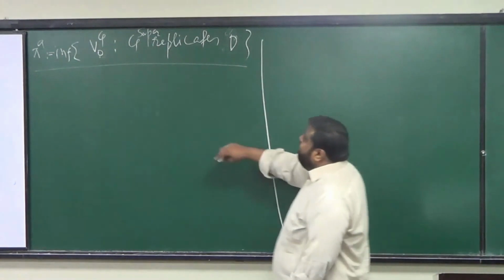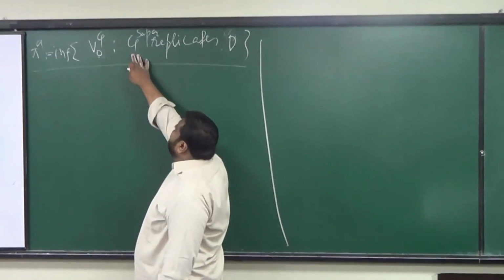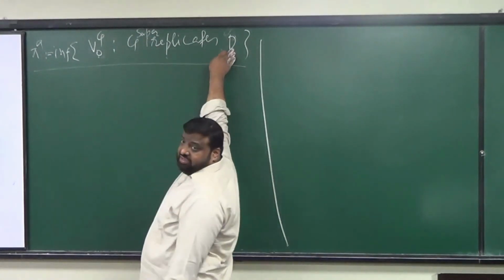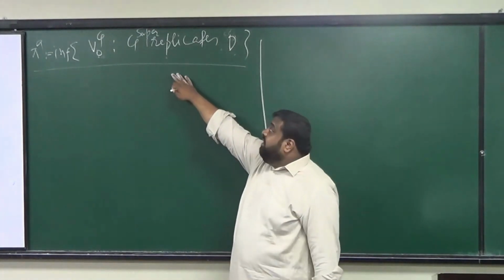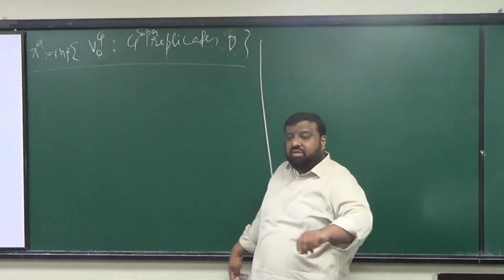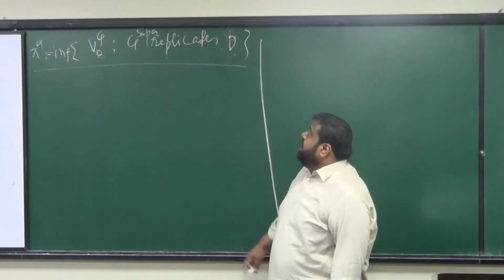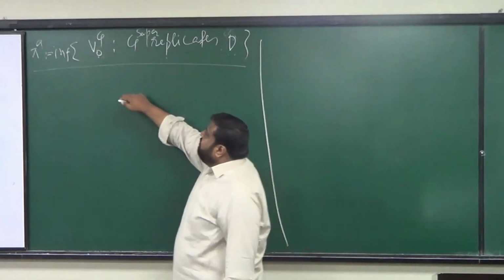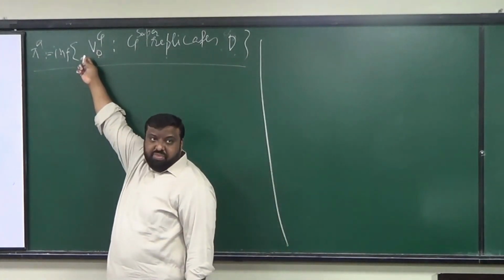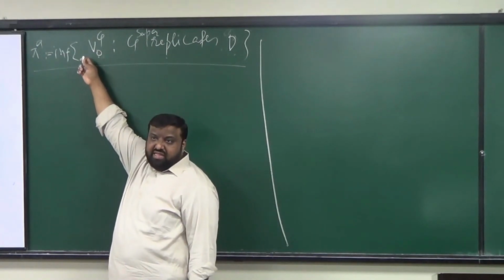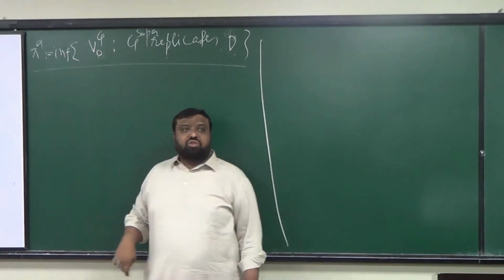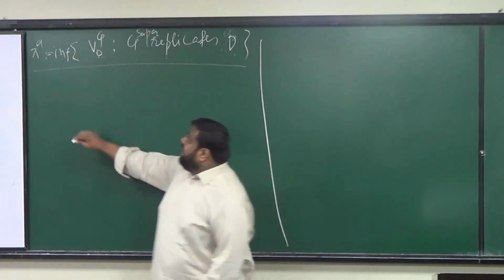So I have a collection of portfolios which super-replicate D. For such phi, that inequality is true. And which is the portfolio which is going to give you the minimum of V_0 of phi? That minimum is what you call the ask price.